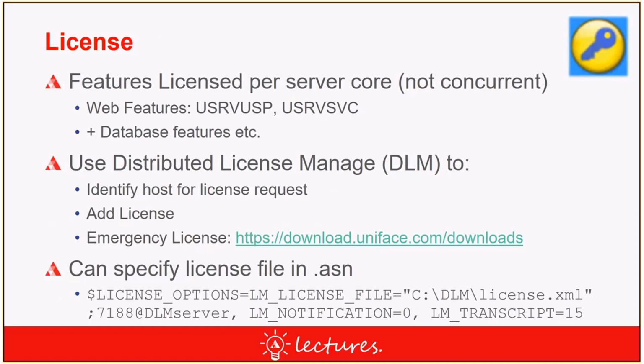In the example here, I've just got a local license file, which for a responsive application is probably all you need. I'm also including an extra license server, a backup server if you like, and this is serving concurrent licenses out of a license service, which would more typically be done in a desktop application. You wouldn't really need that for a web application.